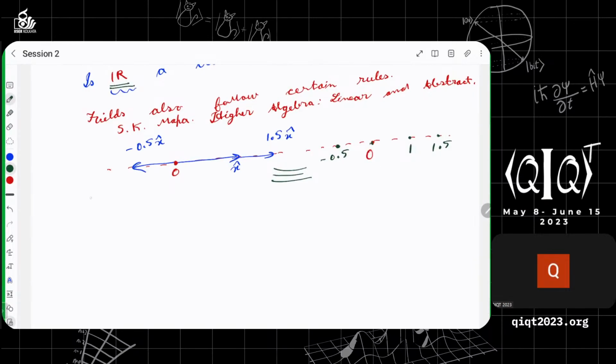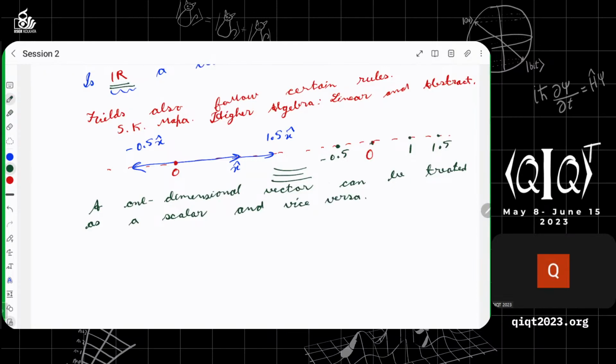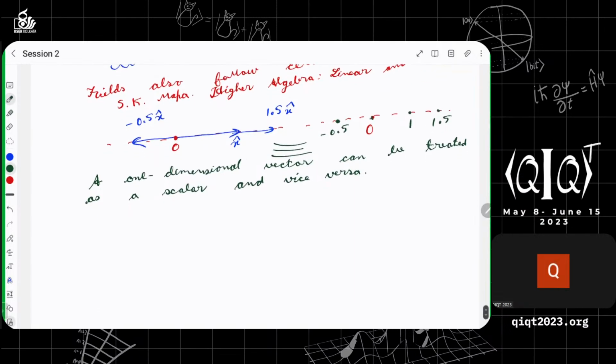So what I'm trying to get at is that a one-dimensional vector can be treated as a scalar and vice versa. Basically, a one-dimensional scalar can always be treated as a one-dimensional vector.